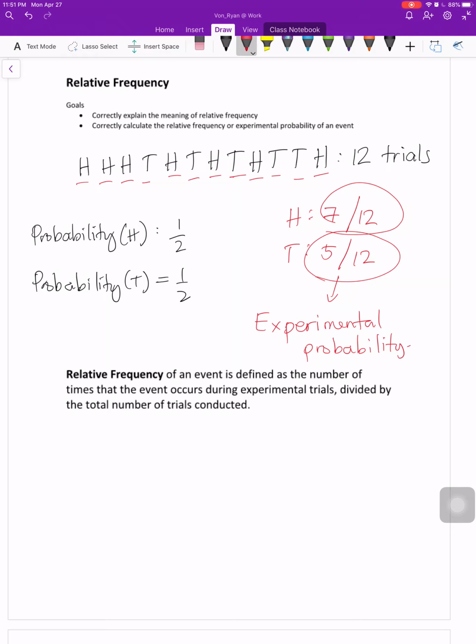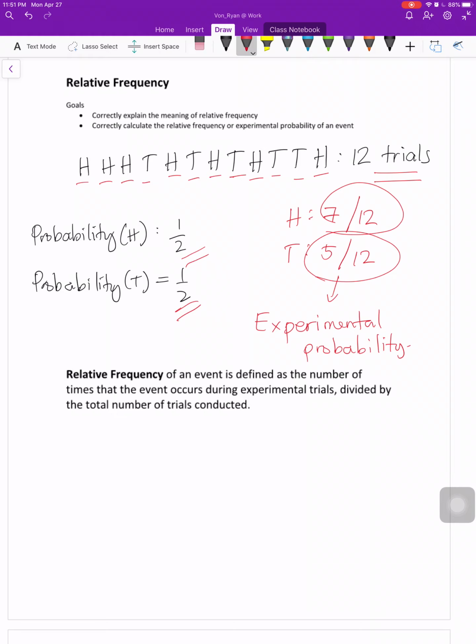As the number of trials or experiments increases, the value of the experimental probability gets closer to the theoretical probability, in this case 1/2 again. So as you do more trials, you get closer and closer to the theoretical probability of getting a head or a tail.